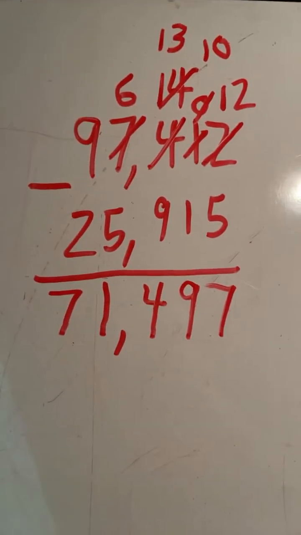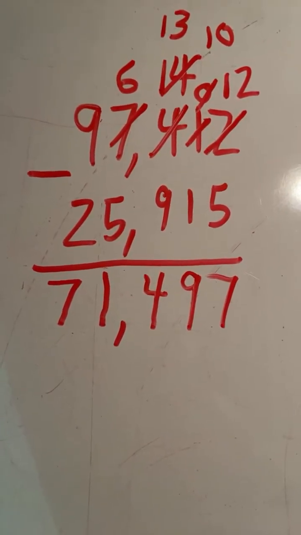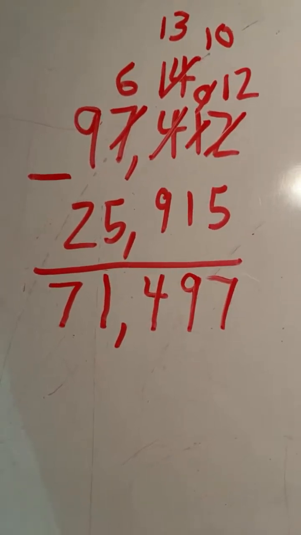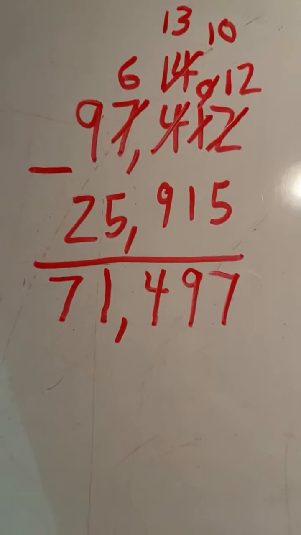And we have our final answer. 97,412 minus 25,915 equals 71,497.